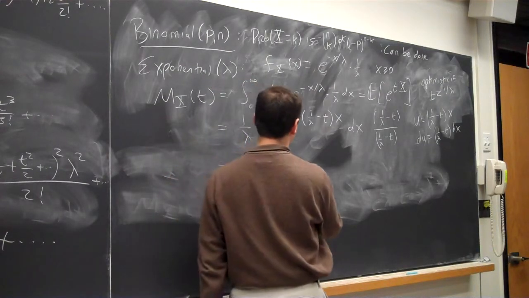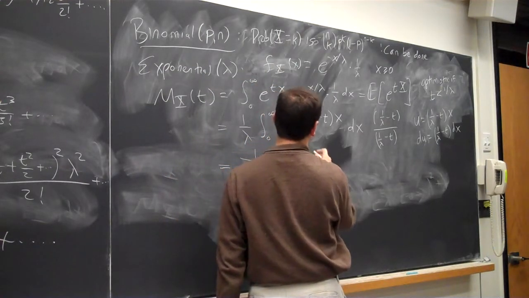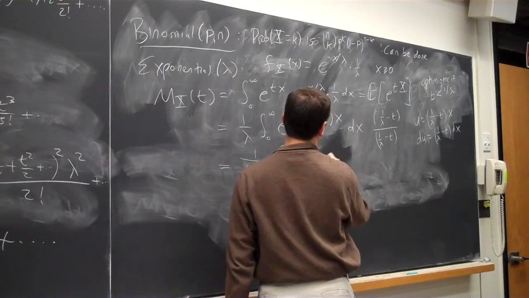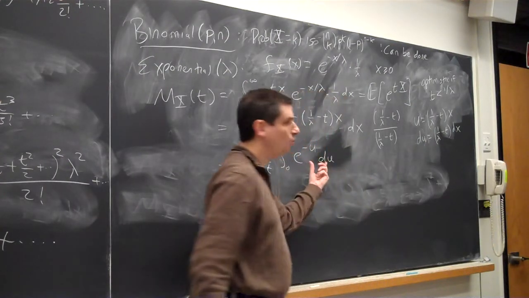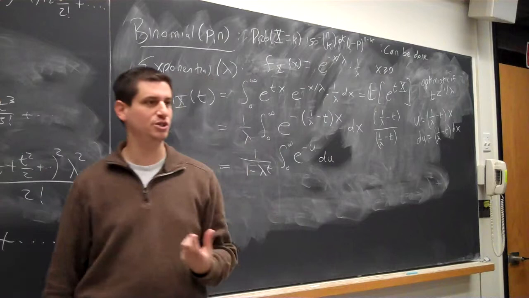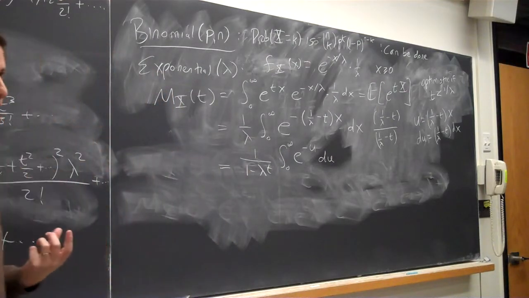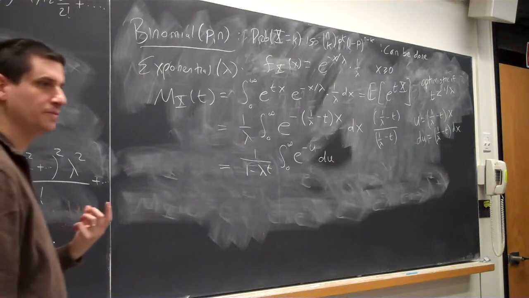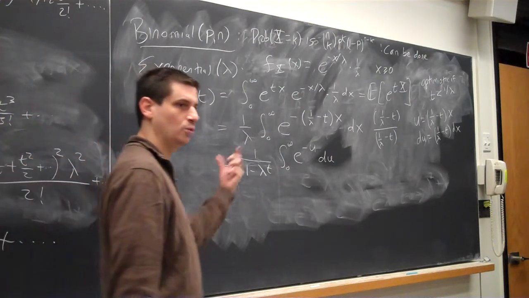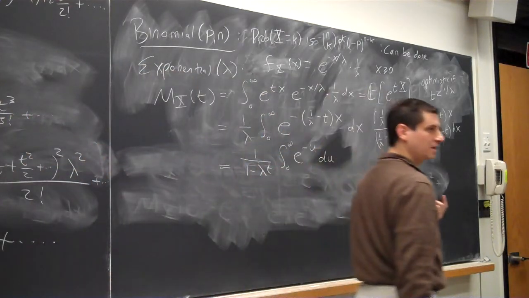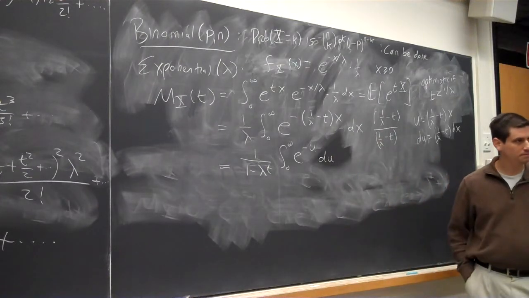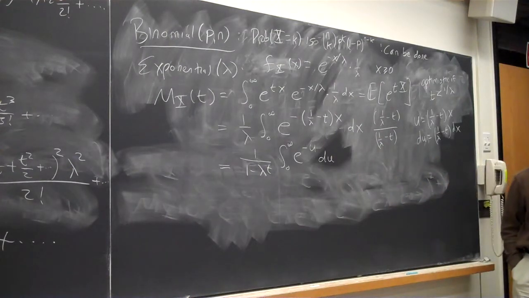And now you have the integral from 0 to infinity of e to the minus u du. What is the integral of e to the minus u du? What is this equal? It equals, you should be able to get it without doing the integration.